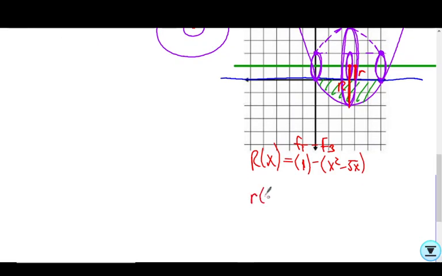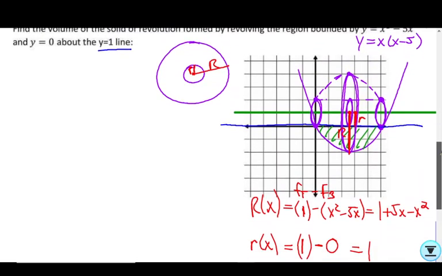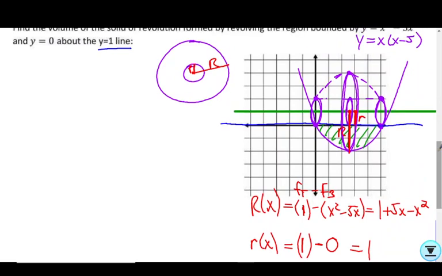For my little radius, the function on top is the axis of rotation as well, 1 minus the bottom, which is 0. So this ends up being 1 plus 5x minus x squared for my big one and 1 for my little one. Okay, so those are my radii.